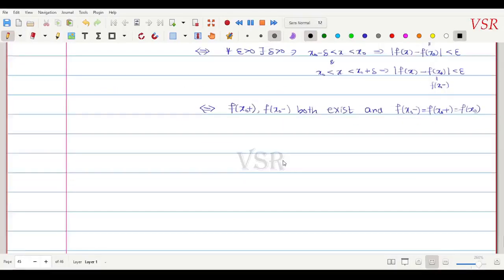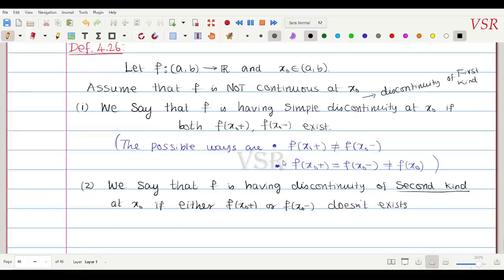Then we have discussed a definition of simple discontinuity அப்படின்னா f is said to have simple discontinuity at x naught ஆக இருக்கணும்னா then the right limit and left limit at the point x naught exist ஆக இருக்கணும். Okay, of second kind of discontinuity என்ன அர்த்தம், இதுல ஏதாவது ஒன்று எக்ஸிஸ்ட் ஆகாம இருக்கணும்.